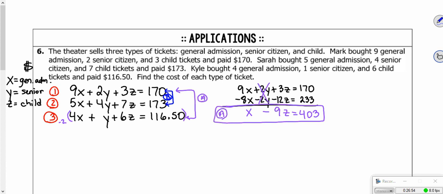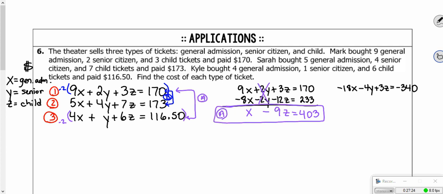And when we do that, I'm going to have to multiply the top equation then by a -2. So that I have a -4y and a +4y. You still with me? Okay, so let me again write this out over here. So my new number 1 equation is going to be -18x minus 4y plus 3z equals -340.